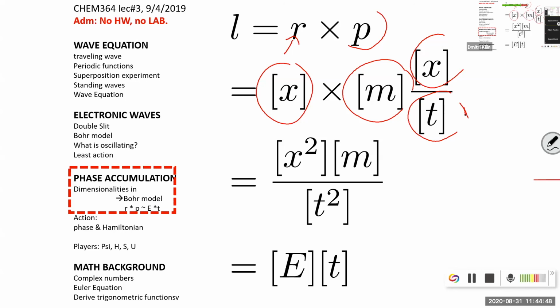So if you take this x, distance squared times mass divided by... it shouldn't be squared.